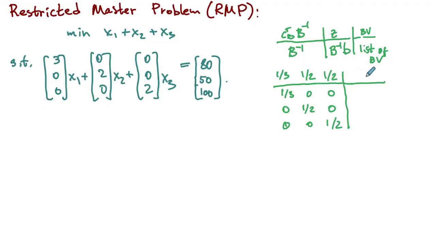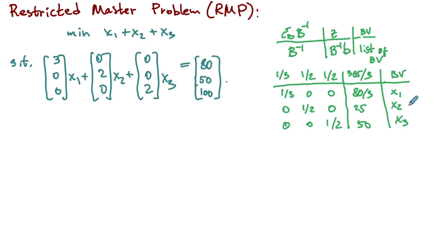Then for the objective value, we'll have 80 thirds plus 25 plus 50, which gives us 305 over 3. And B inverse times b, the values for the basic variables are given by 80 over 3, then 50 over 2, which is 25, and 100 over 2, which is 50. And our basic variables are x1, x2, and x3.